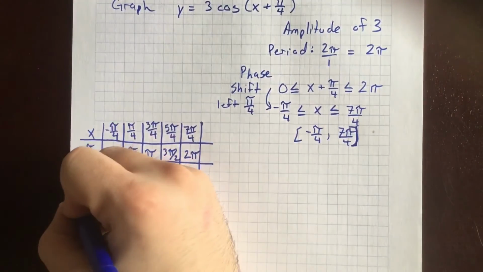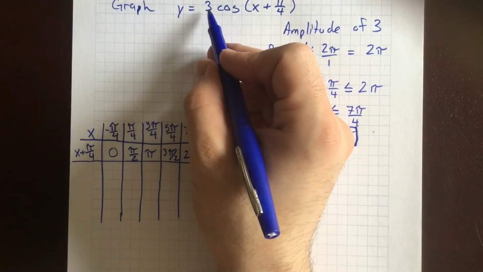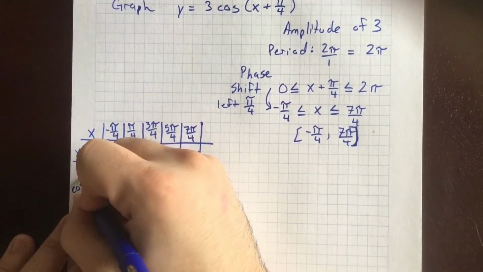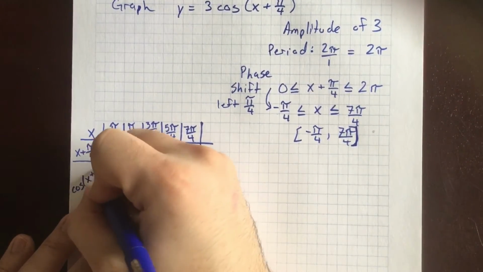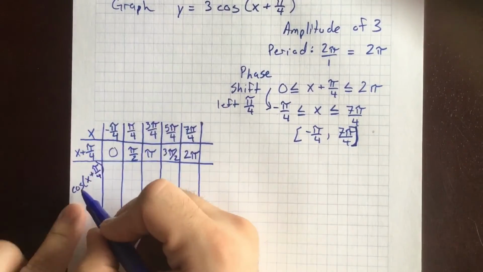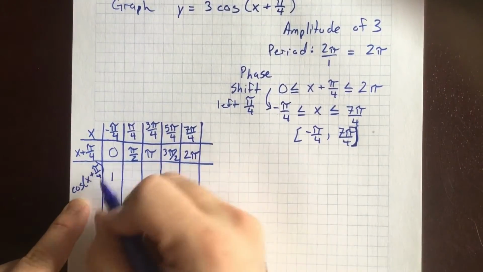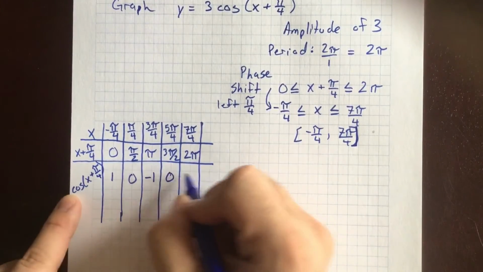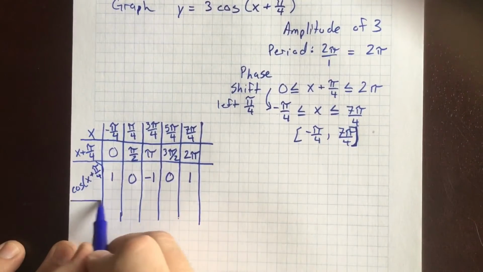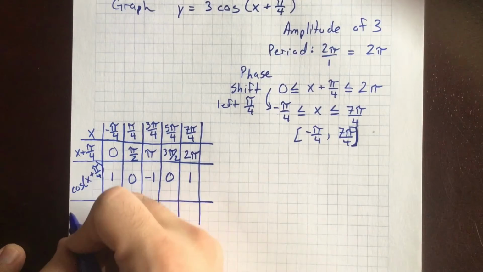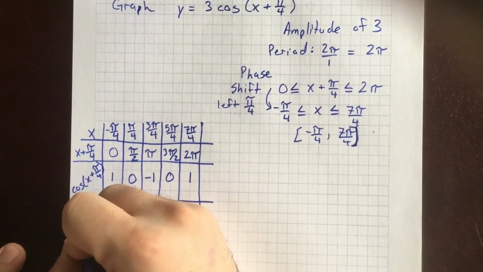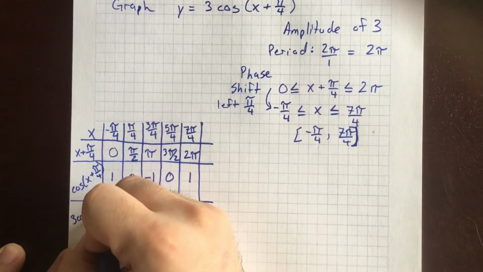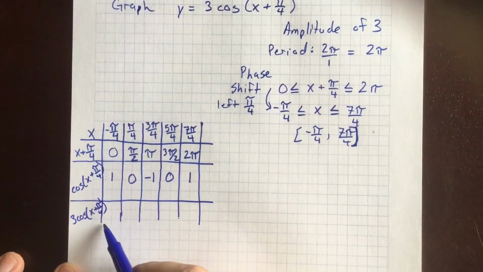So we have that. Now let's not jump right away to 3 cosine. Let's just do first cosine of x plus pi over 4. Okay? So cosine of 0 is 1. Cosine of pi over 2 is 0. Negative 1, 0, and 1. Now we can do 3 cosine of that. It's a little crowded, but it's okay.